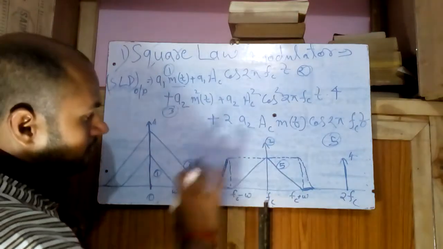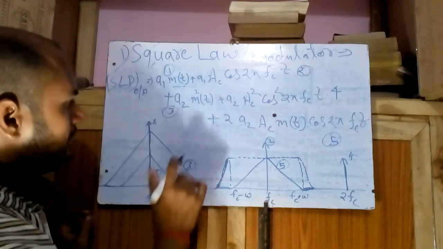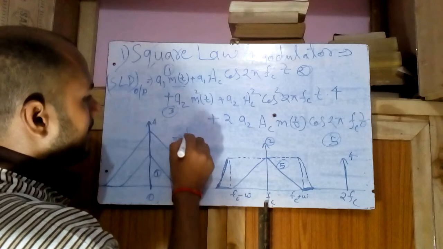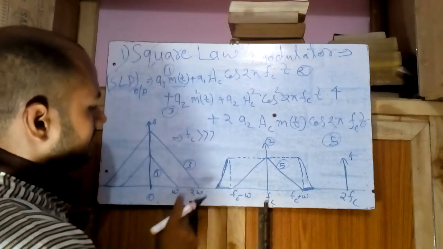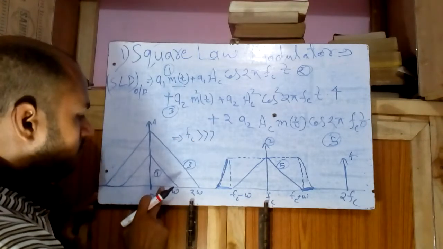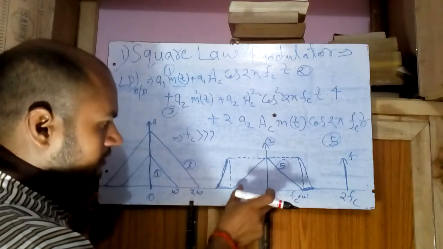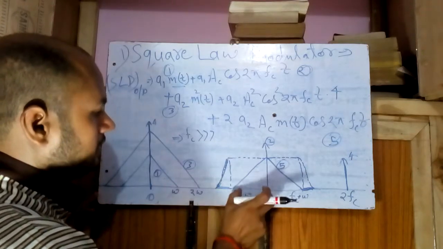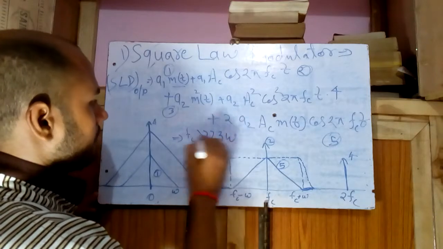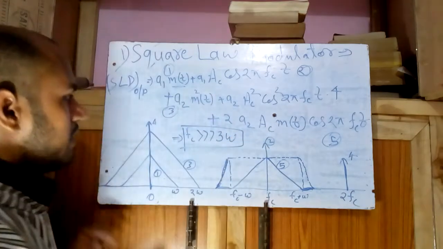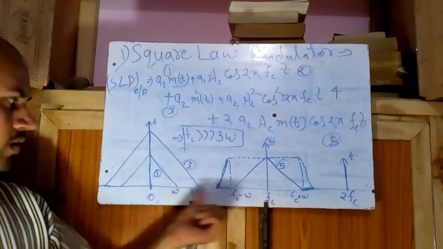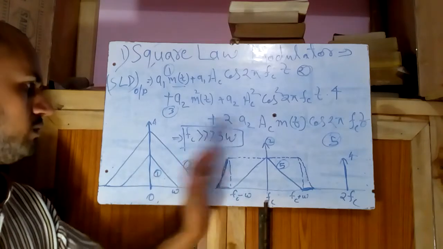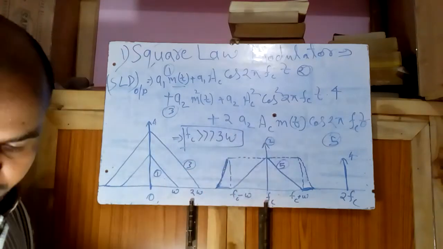So to make sure it is not disturbed, we will have to make FC very much greater than how much? 1, 2, 3. This is omega, this is omega, this is omega. 3 omega. FC should be very much greater than 3 omega, so that the bands are distinguished from these two, right?